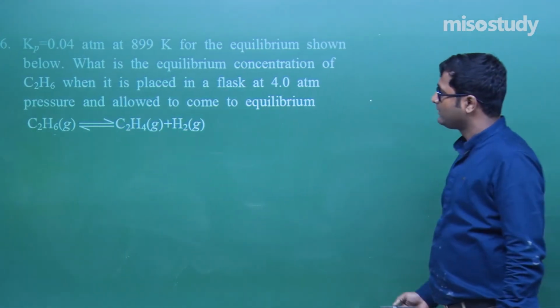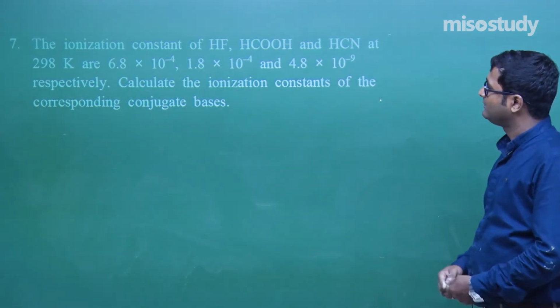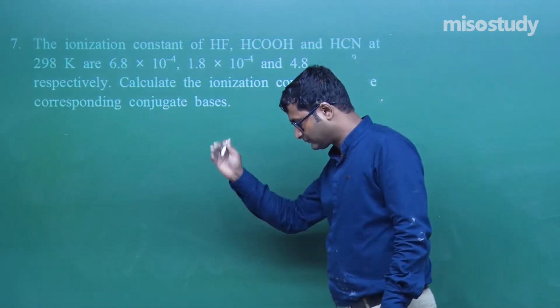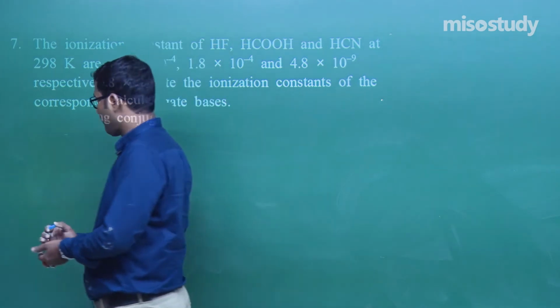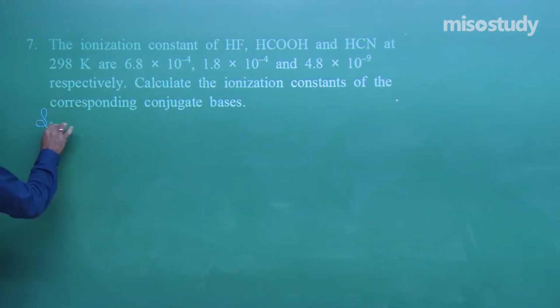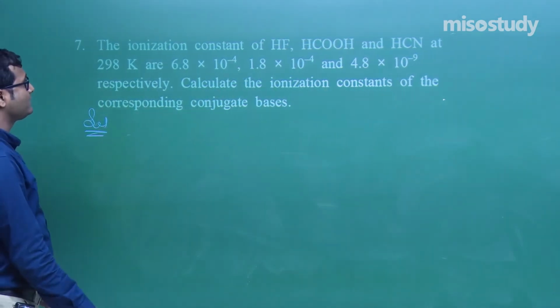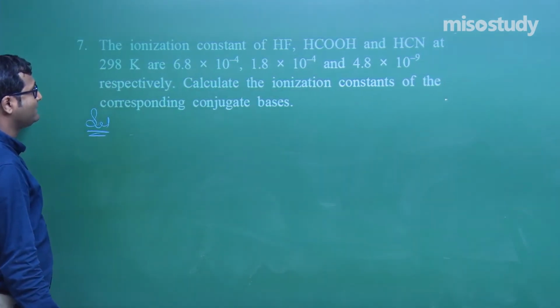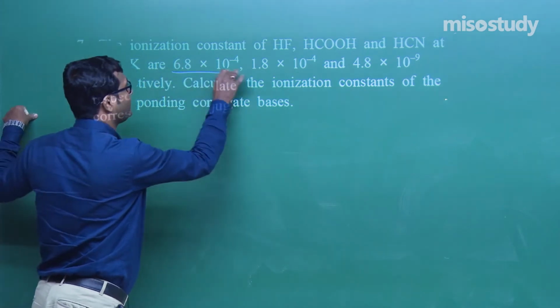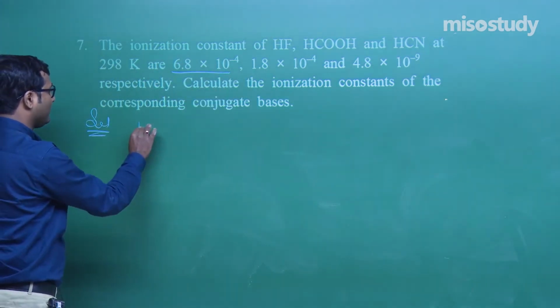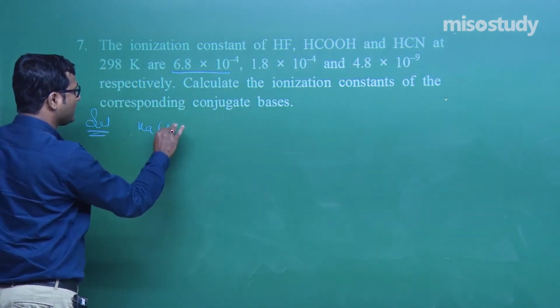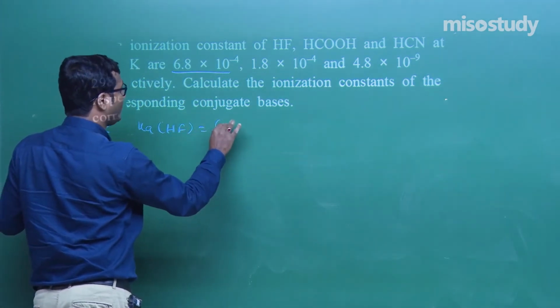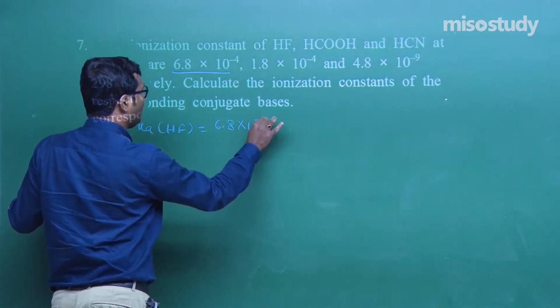Now, next one is question number 7. It's very simple. What is given here? The ionization constants of HF, HCOOH and HCN are given. The Ka for HF is 6.8 into 10 to the power minus 4.